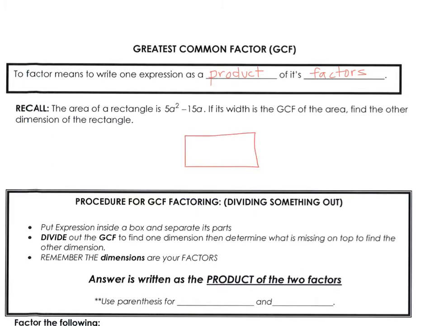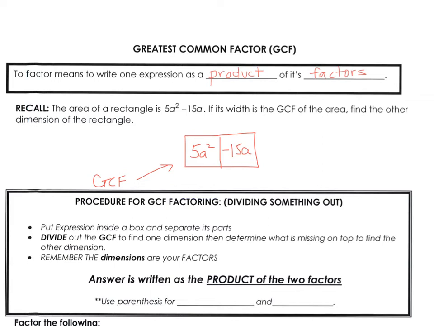Remember, area is going to go inside our box, so 5a squared minus 15a. The outside of the box is going to represent our length and width. So right here, we need to find the GCF of both of those terms. Okay, so what is the GCF between 5 and 15?